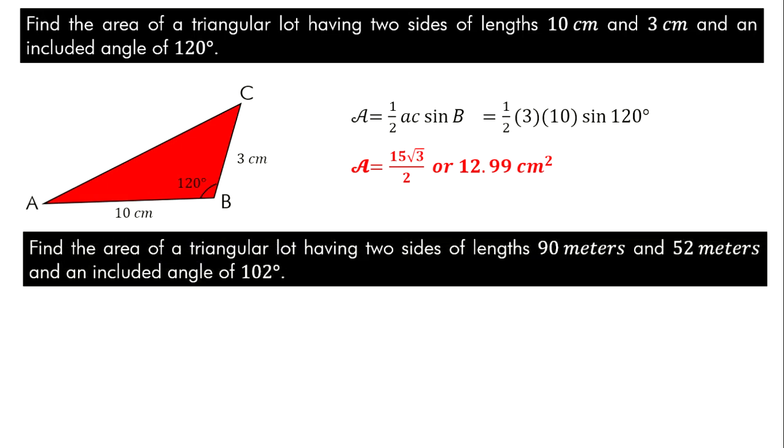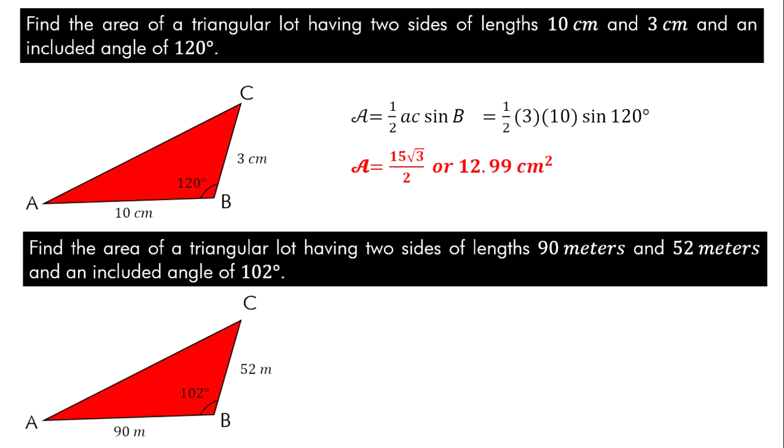Another example. Find the area of a triangular lot having two sides of lengths 90 meters and 52 meters and an included angle of 102 degrees. We have 102 degrees as our angle, and the sides are 52 meters and 90 meters. Substituting in our formula, we have 1/2 times 52 times 90 times sine 102 degrees.